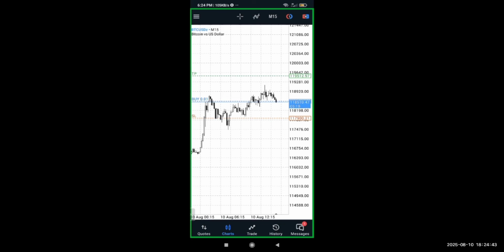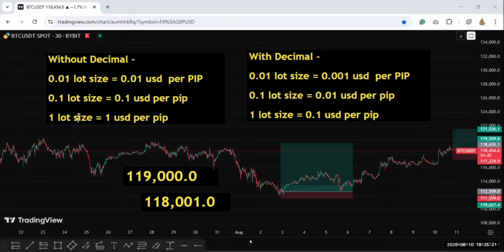It will just automatically tell you how much you are going to risk and how much you are going to make. So with this, we have seen the 3 different methods that you can use to calculate your pips on Bitcoin or on BTC, as some people will call it.